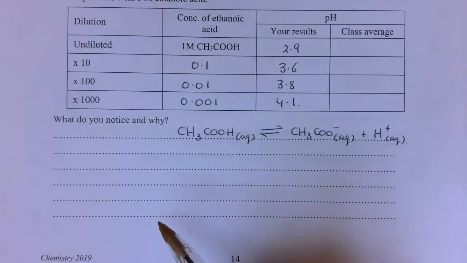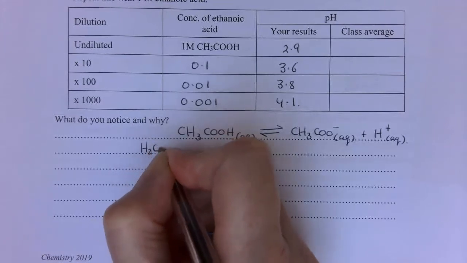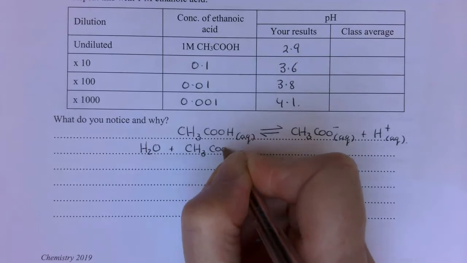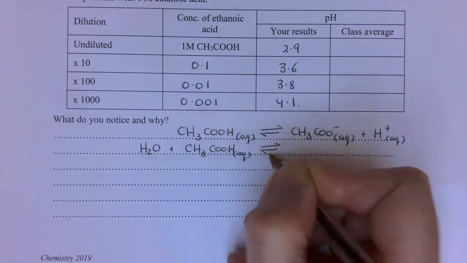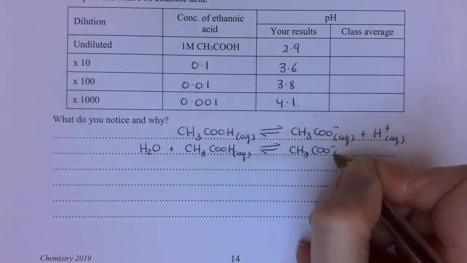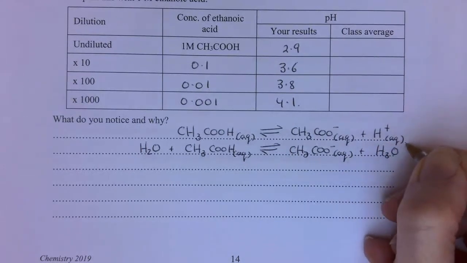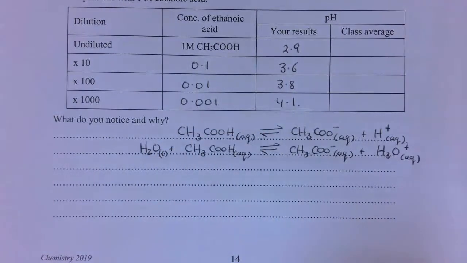Again, we know that this isn't quite true. So if we put in the full reaction, it's easier to see the role that the water plays in this reaction. And we still get CH3COO negative aqueous, and we get H3O positive aqueous. And obviously water is a liquid.